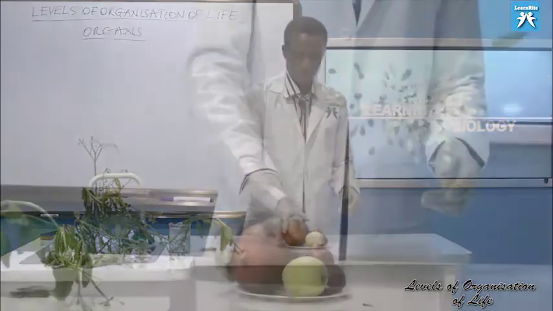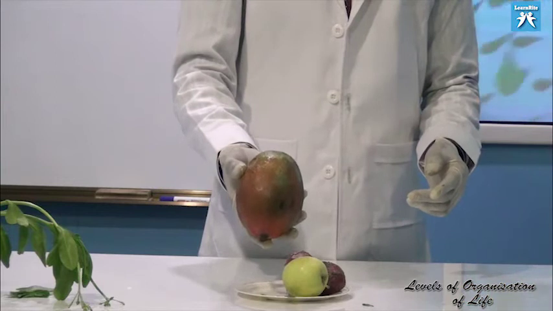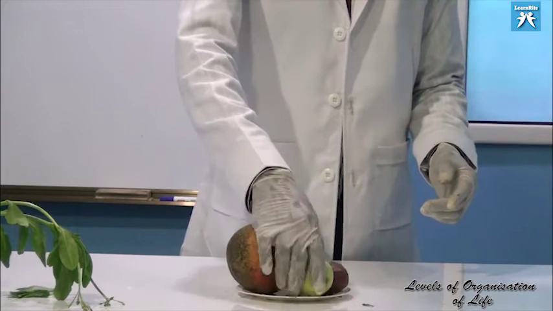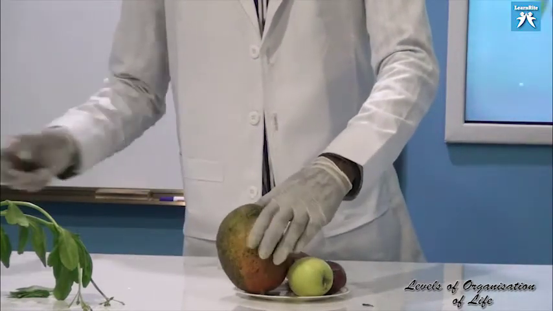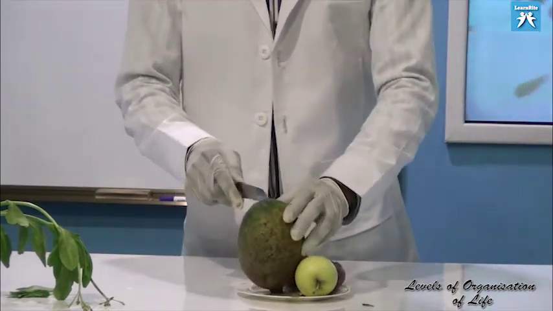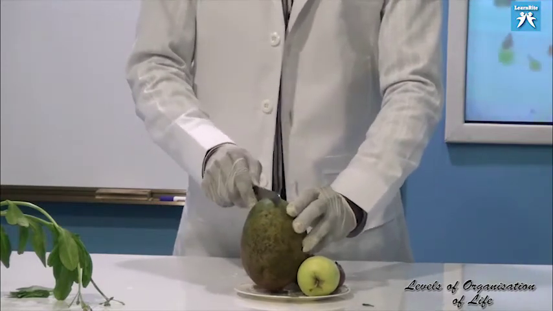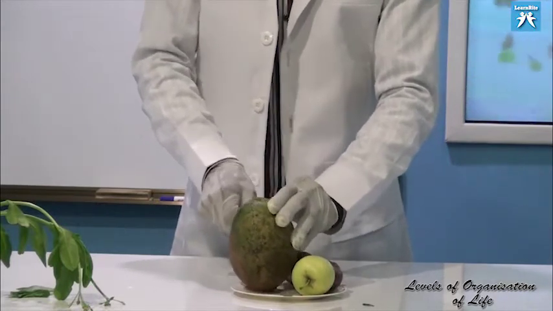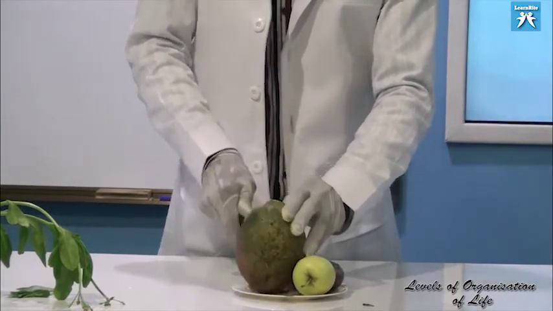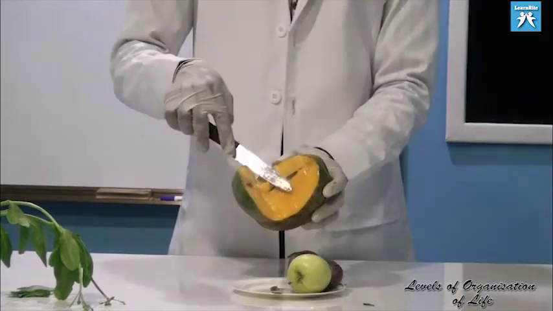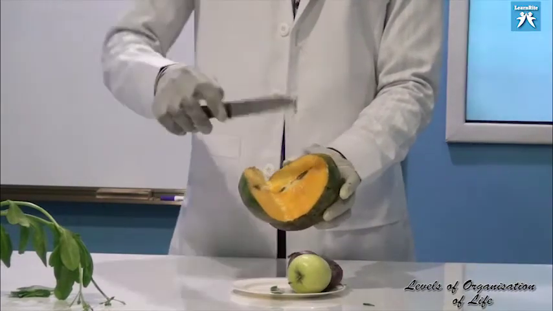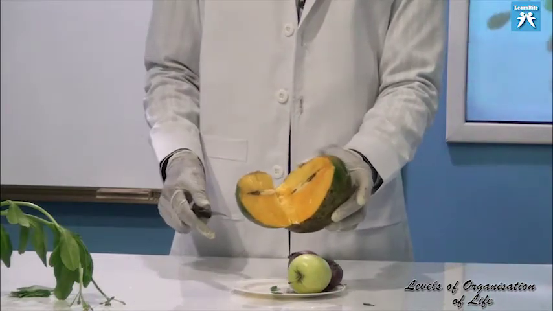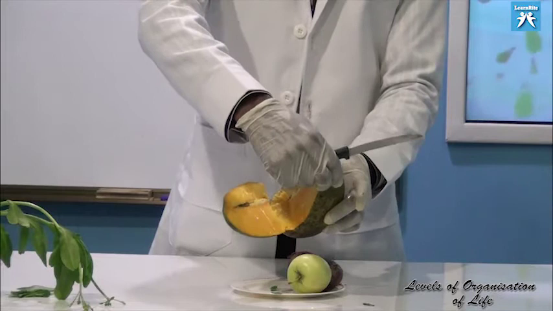What about the fruit? This mango fruit, this apple. If you cut the mango, what's the function of a fruit? You realize that, have you seen the mesocarp? The epicarp protects the fruit. So this is a tissue.